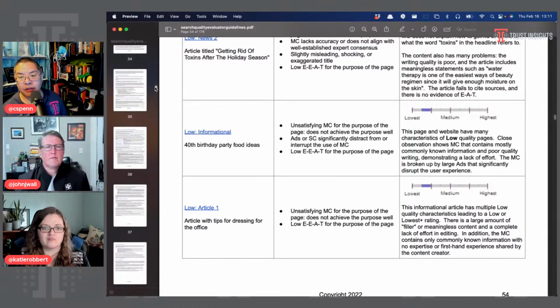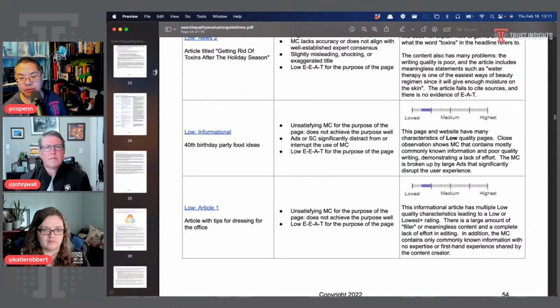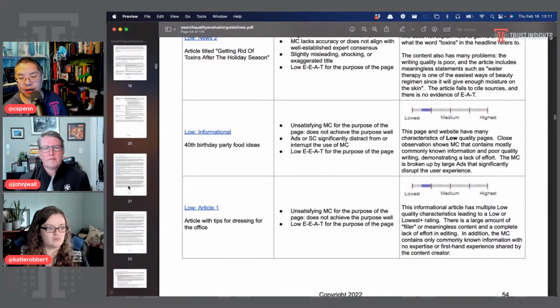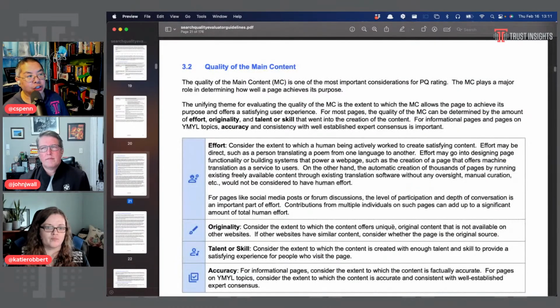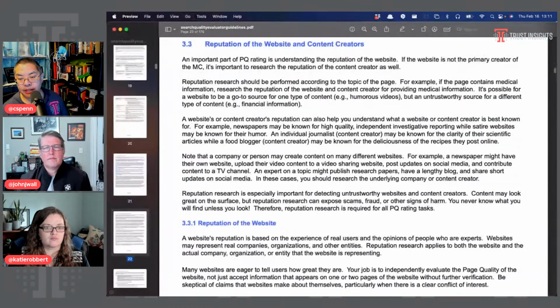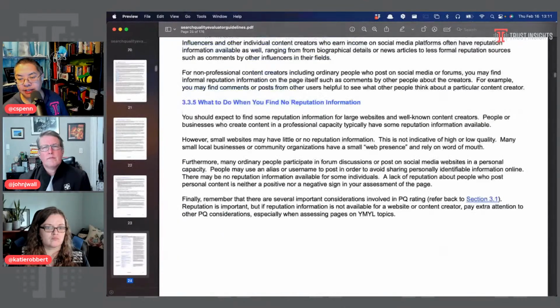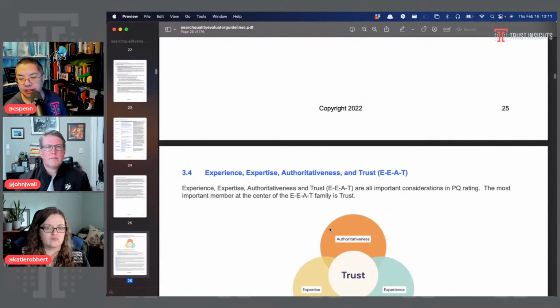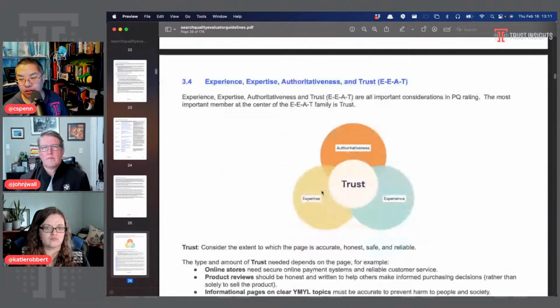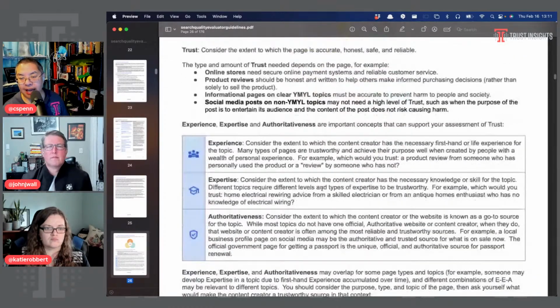So that's how Google helps people decide what constitutes quality. And you've seen a few things mentioned in here. One thing that comes up over and over again is expertise, authoritativeness, and trustworthiness. And these categories are the distinguishing factors. You've heard people refer to them as EAT in the past.